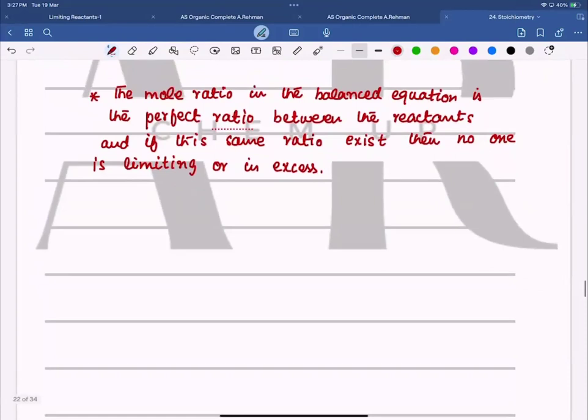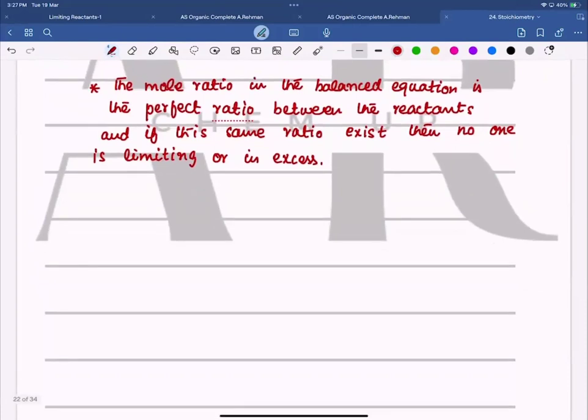So you have to keep this in mind: if your reactants are actually existing in the same ratio as the mole ratio of the balanced equation, then it means that they are in the perfect ratio and no one is in excess or in limiting form. Is this clear to all of you?